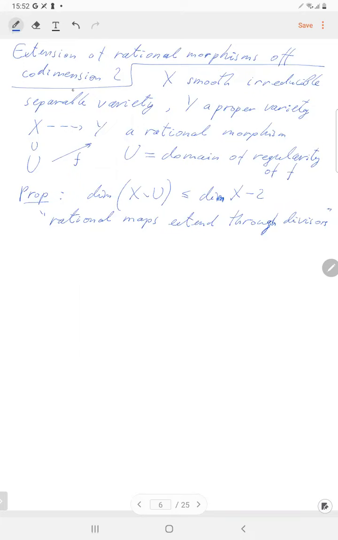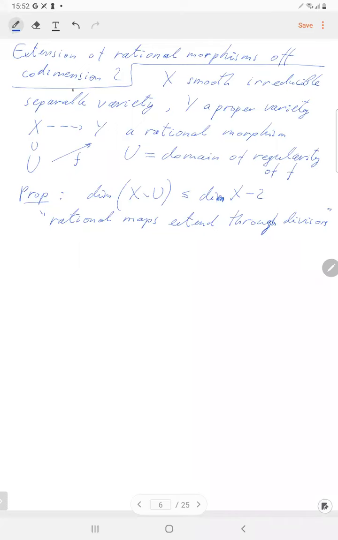Right. I don't really understand what's the problem. I claim that there is an open subset U such that F on this U is regular, and that the codimension of the complement is at least 2.